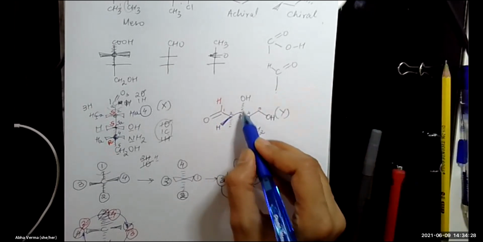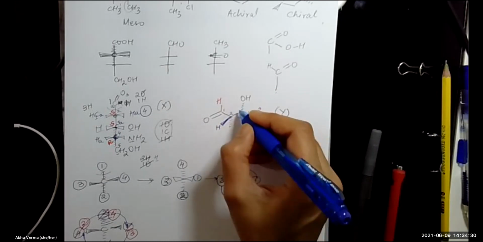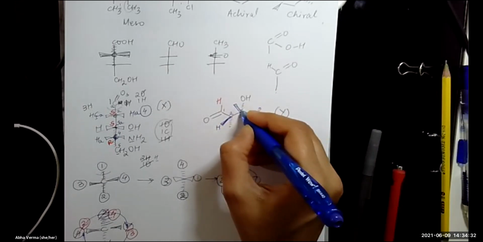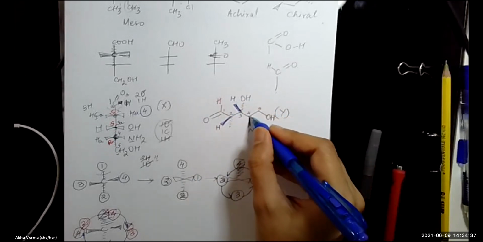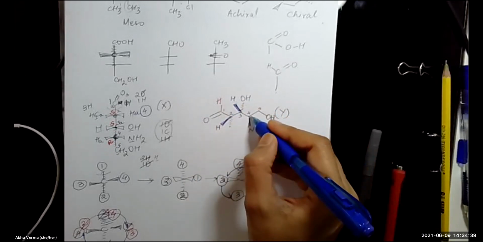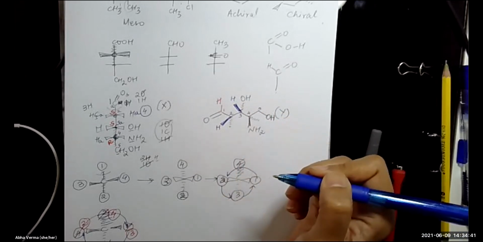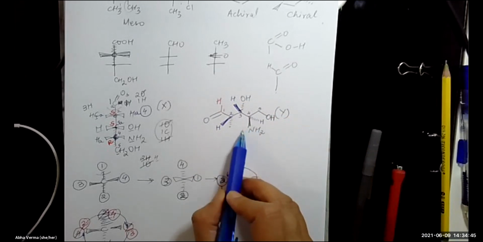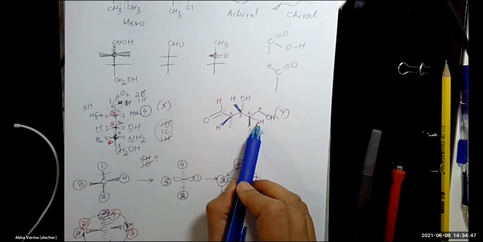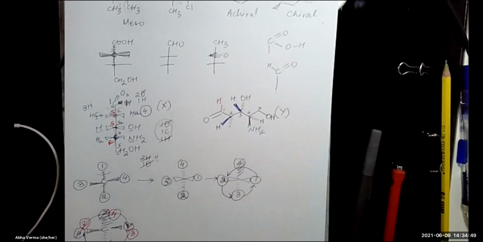I see 1, 2, and 3. Do I have a 4th bond? Yes, I do. And that is my hydrogen here. What about this? Yes, I have a hydrogen here also, a hidden hydrogen. If my group is coming out, my hidden hydrogen will be going back.